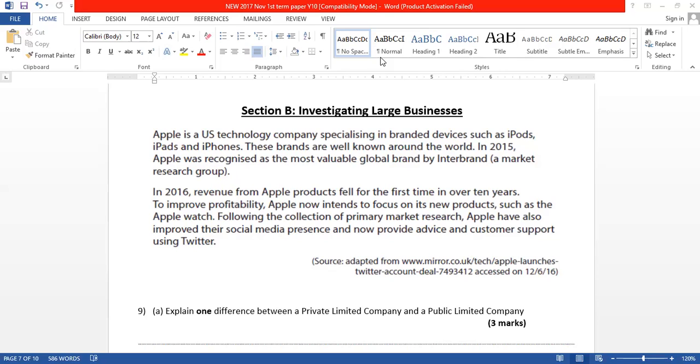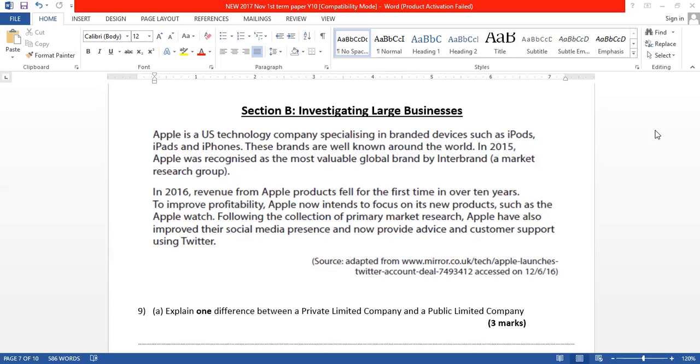To improve profitability, Apple now intends to focus on its new products, such as the Apple Watch. Following the collection of primary market research, Apple have also improved their social media presence and now provide advice and customer support using Twitter. So this is the investigative large business case study, Apple, right?